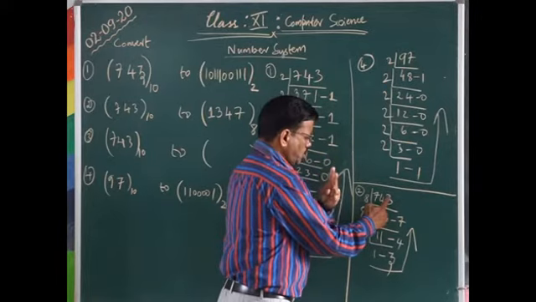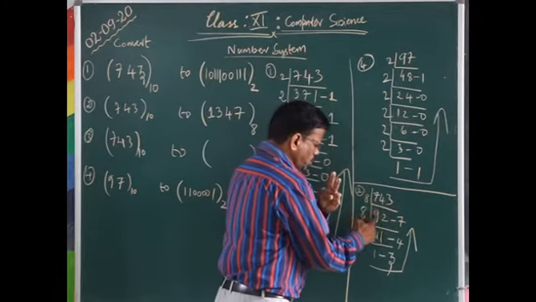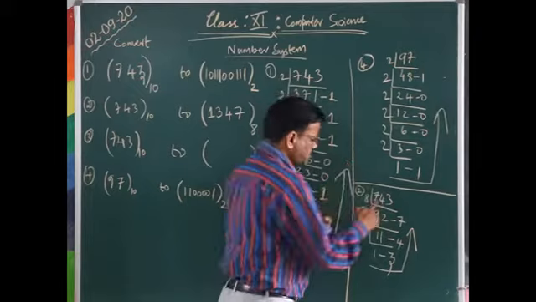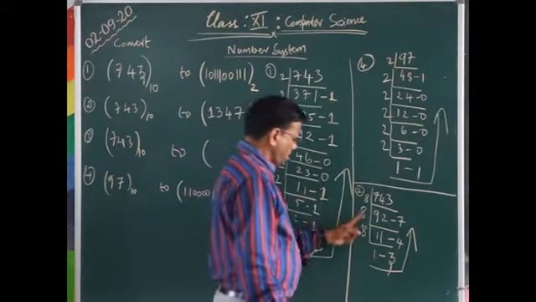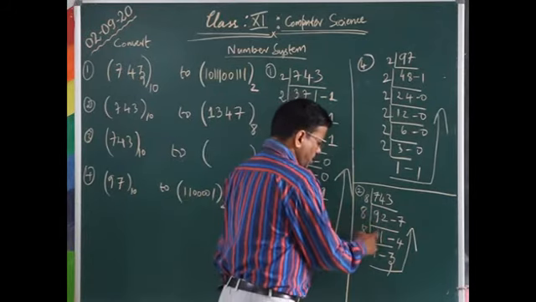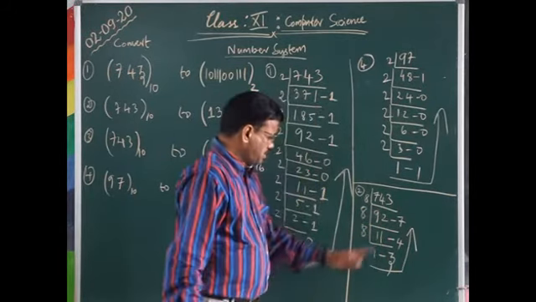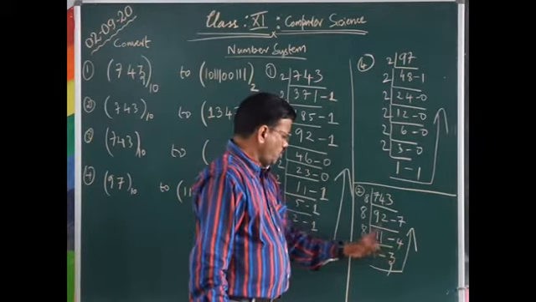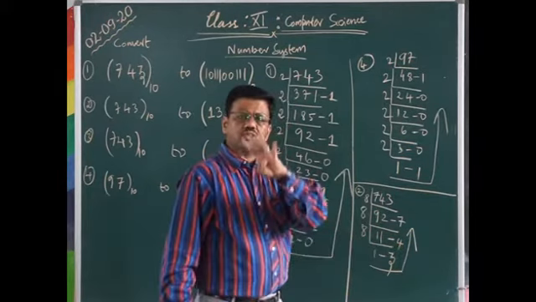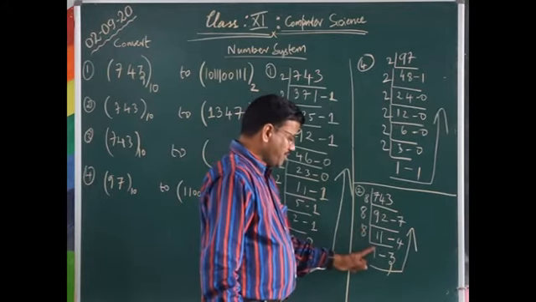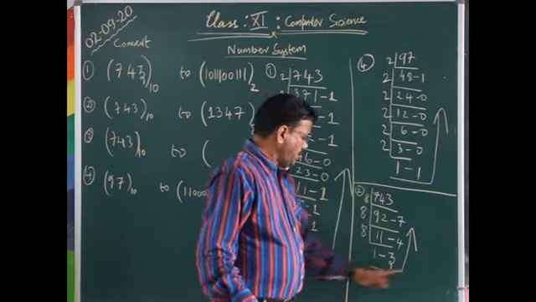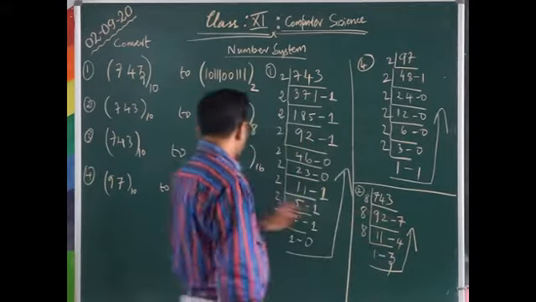Remainder is 2, 3 I put. 8 9s are 72, 72 plus 2 is 74. So what we have done is absolutely correct. Again, divide this. 11 8s are 88. Remainder is 4. 88 plus 4 is 92. This is also correct. 8 1s are 8. Remainder is 3. Take the answer from bottom to top. 1 3 4 7.